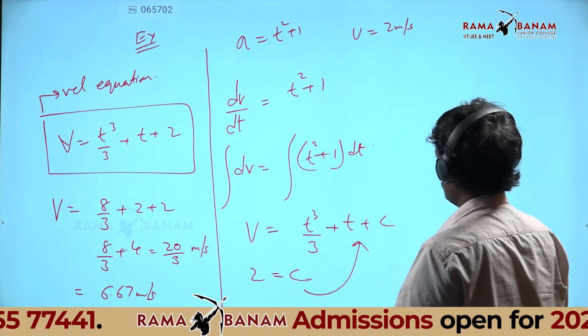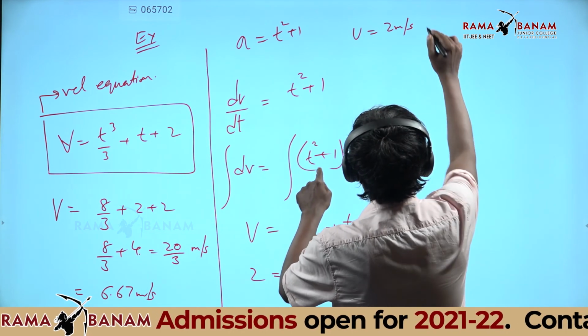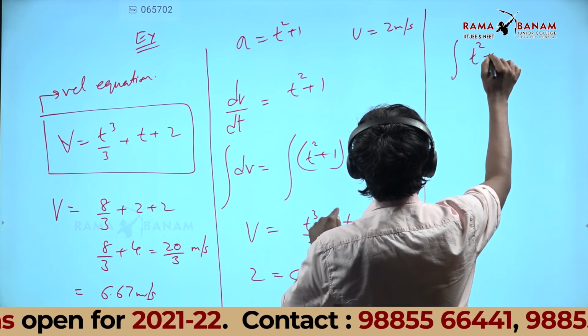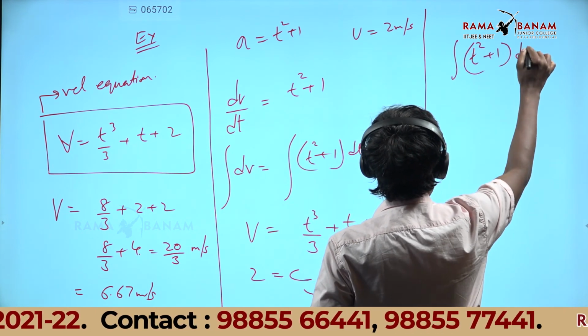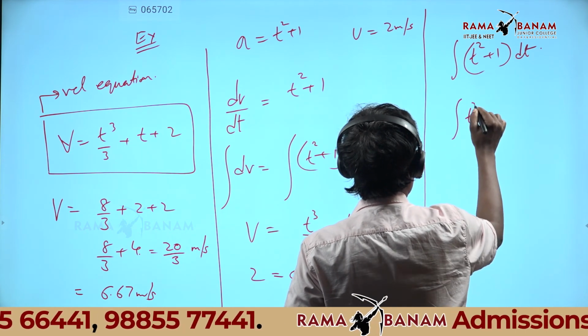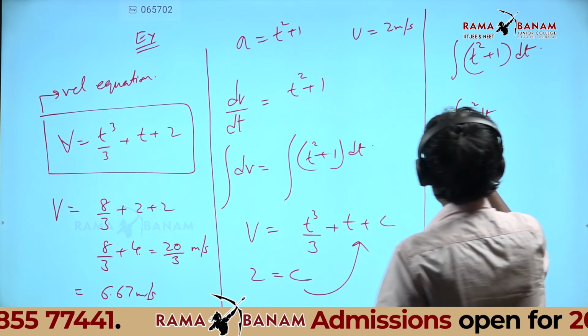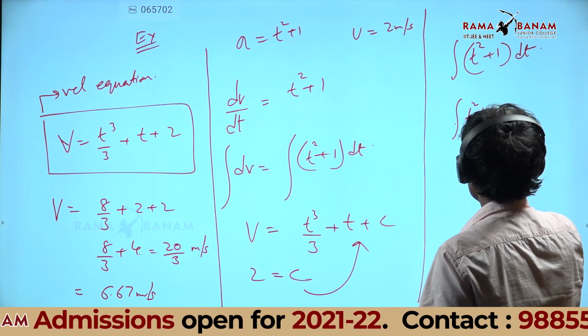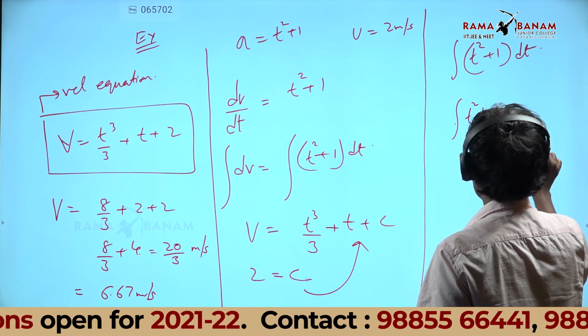One student, what he has done, integral t square plus 1, because what all student done mistake that I am telling. He has written like this, t square dt. What he has done, he put the t square as it is, integral dt is t he wrote and wrote there t cube.